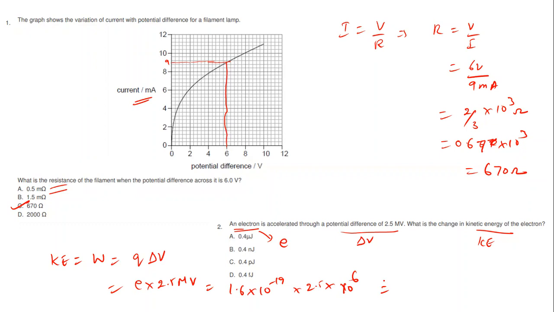It should be 1.6 into 2.5, which is 4. The answer is 4 into 10 to the power of minus 19 plus 6, which is 4 into 10 power minus 13 joules. I can also write this as 0.4 into 10 to the power of minus 12 joules, which is 0.4 picojoules. So this is the one, C.